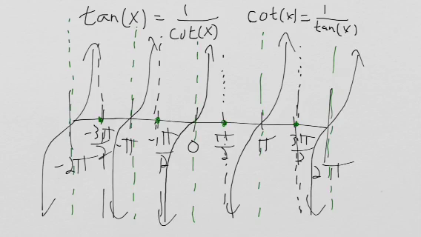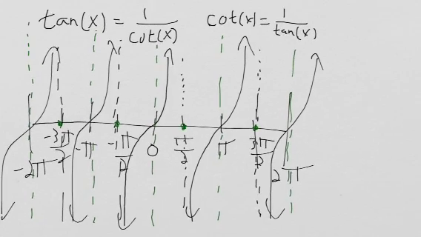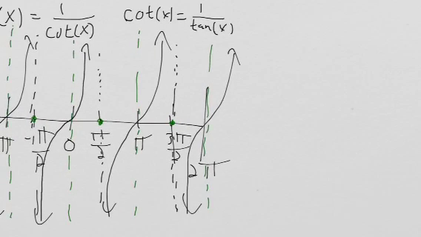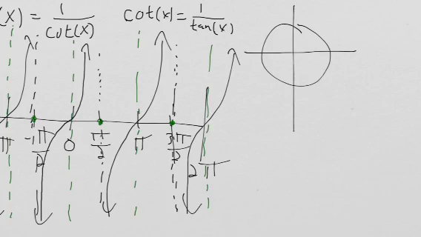Alright, so then what we need to figure out is what's going on with cotangent. Is it going up from left to right, or is it going to go down from left to right? Well, if we look at a unit circle, this is kind of hard to think about because we've been thinking about sine over cosine, but cotangent is cosine over sine.